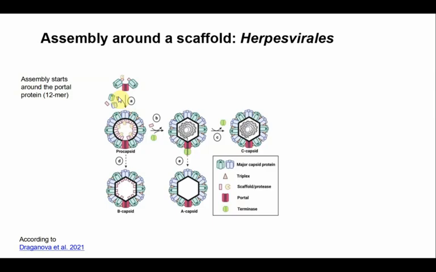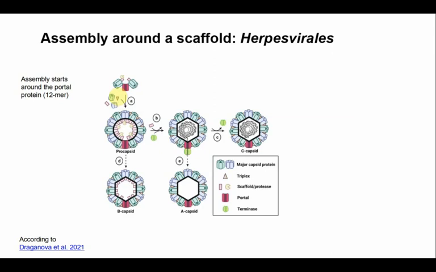So if you remember, in a herpes virus capsid, you've got an icosahedron, but one of the vertices is going to be constituted of this portal. This is where the DNA comes in and goes out.